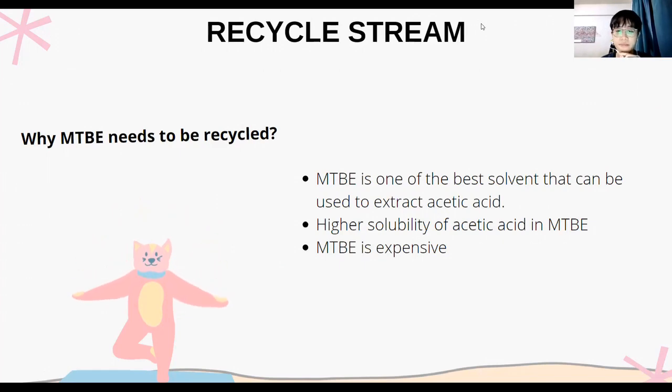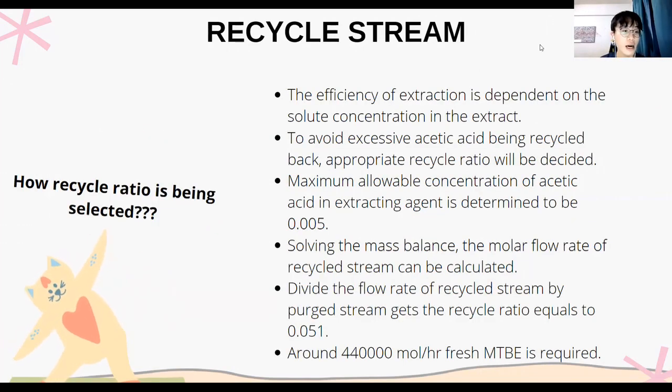Next. You may wonder how we select the recycle ratio for our splitter. The effectiveness of the extraction column is highly dependent on the concentration of the extract in order to achieve a higher degree of purification. Hence, the recycle ratio to purge flow rate of recovered MTBE must be controlled to avoid excessive acetic acid being recycled back.